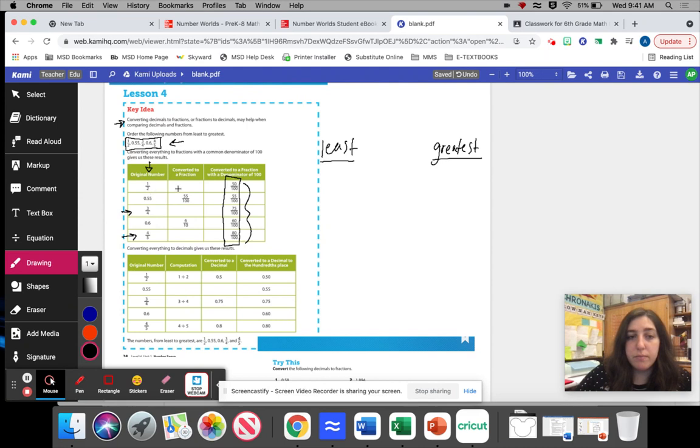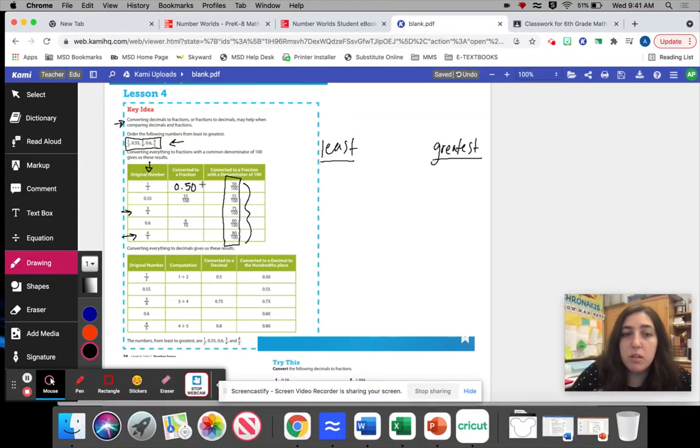So half. Well, half, if you put it in your calculator, 1 divided by 2, that's just 0.5. And 0.50. And if you put this in the place value chart, remember whatever number we end with, the 0, that's the place that we look at in the place value chart.